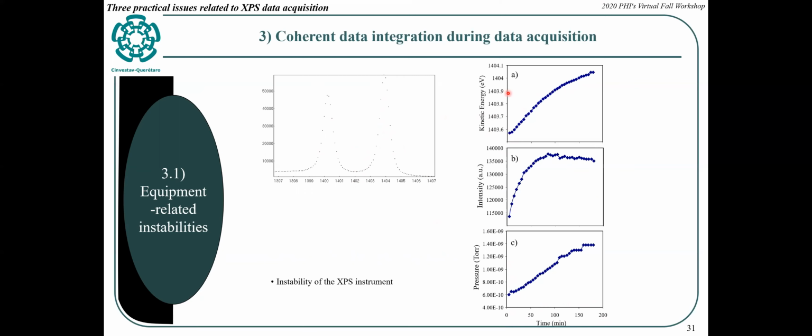So this is a problem with the spectrometer because this is not a chemical shift. A problem with the monochromator. It was shifting the energy. Also, the intensity increased and then remains constant. So that was a little bit misbehaving equipment, but that's not only happens in new equipment.